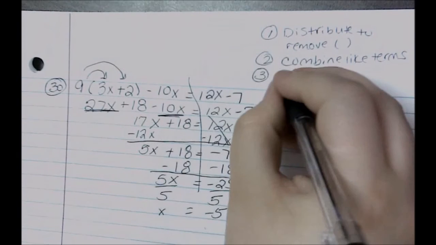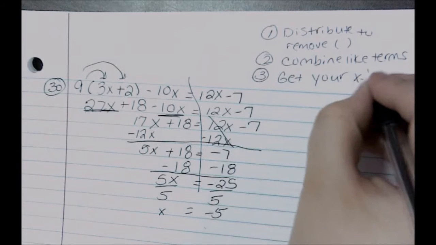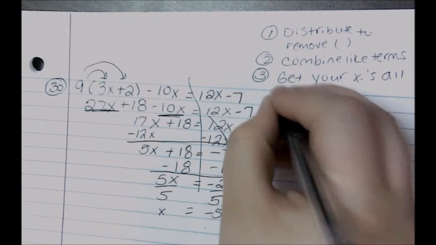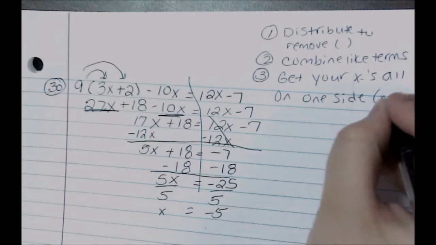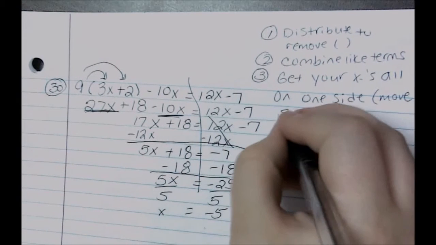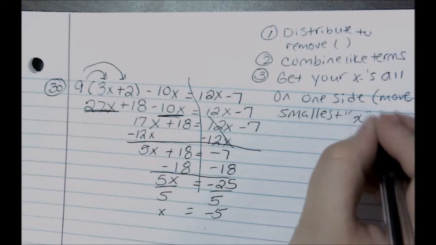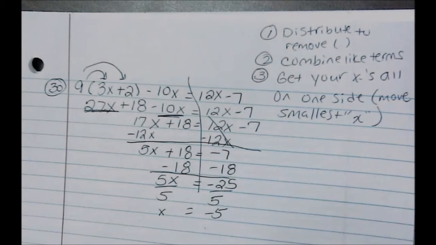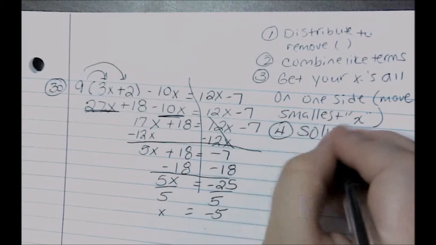Then you get your x's all on one side. And you do that by moving the smallest x. Okay? Step 4 is just to solve the rest of the way.